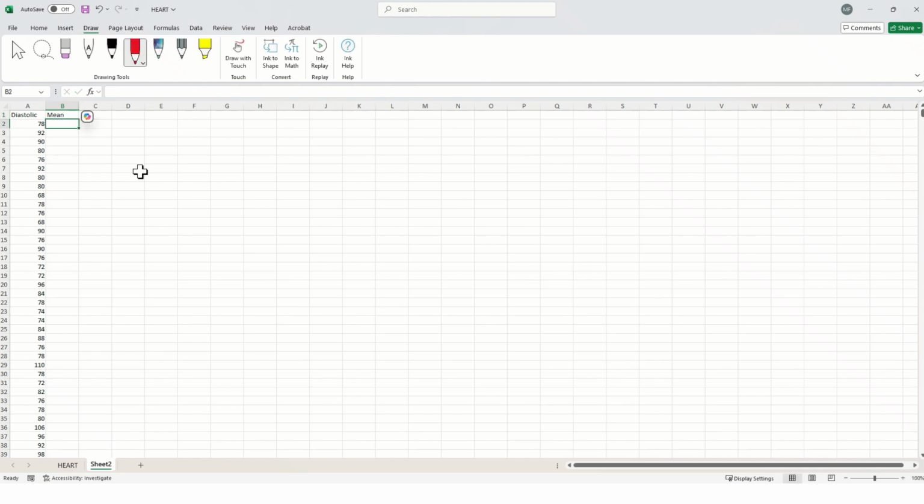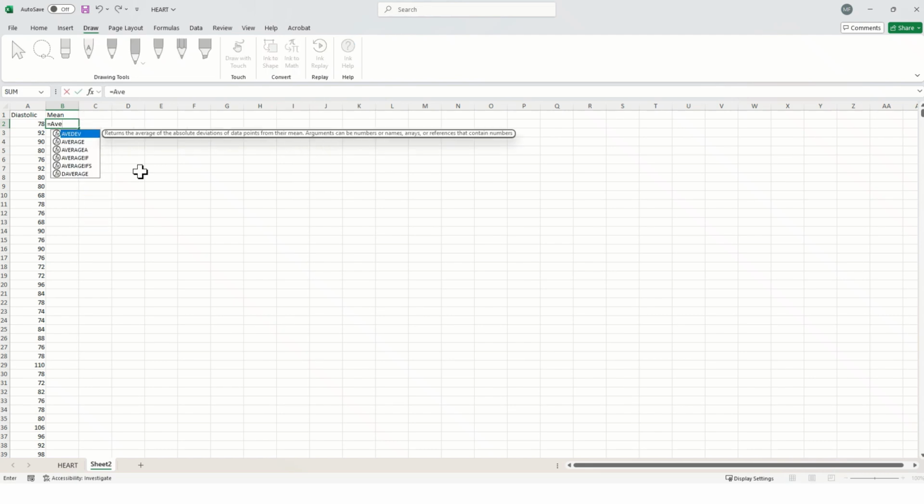And enter this formula in cell B2: equal AVERAGE, open parentheses. Now move your cursor on top of column A until it changes to the down arrow and the cell containing A turns light green.